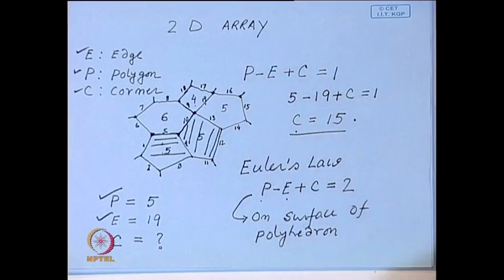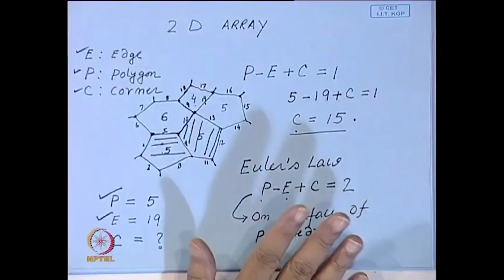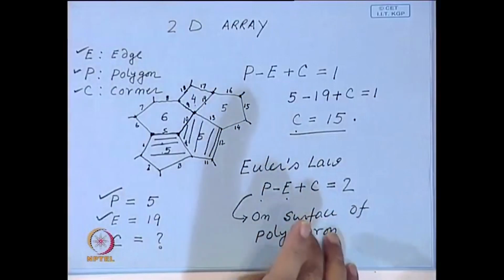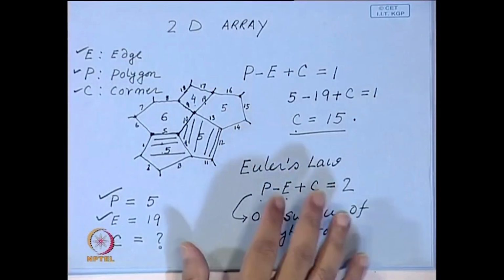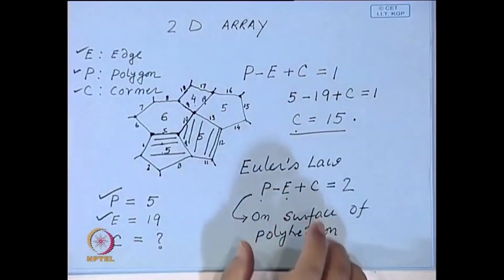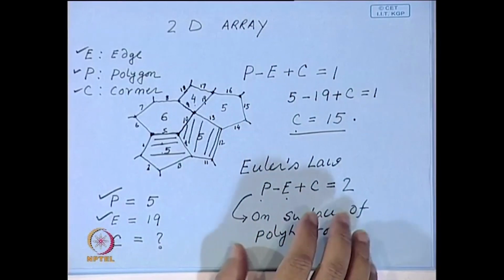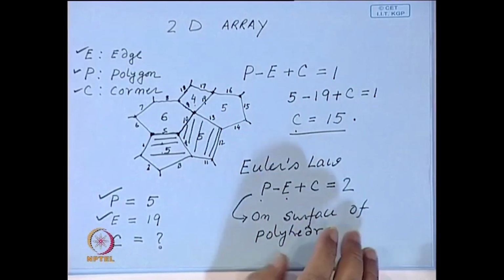In this polyhedron also you will have a number of faces, corners and edges. Therefore, this type of law is very general, it can be applied to polyhedra also.